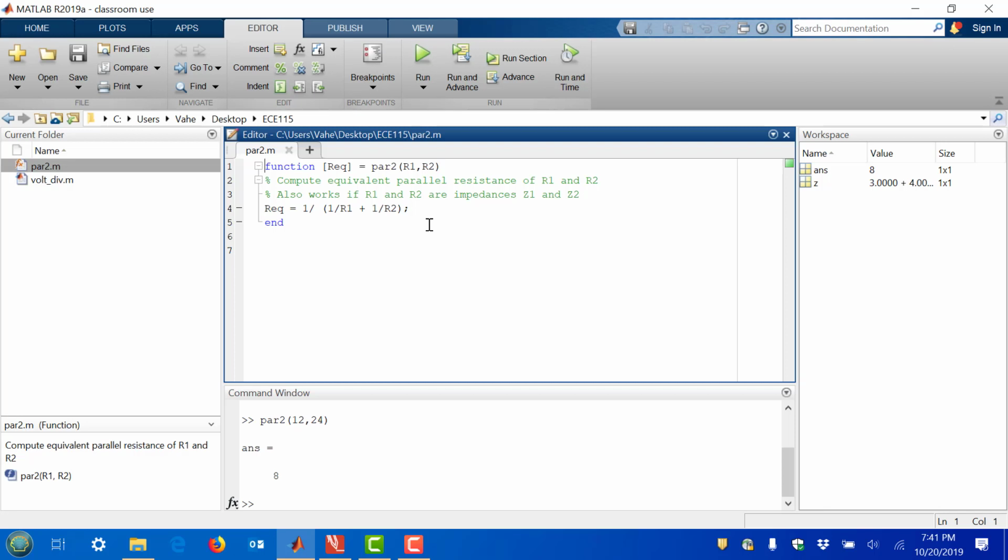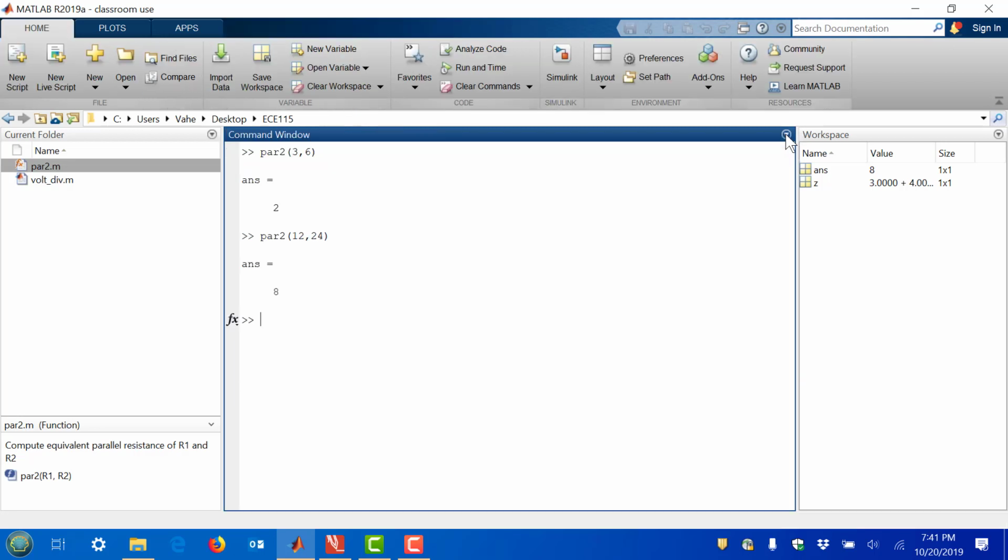Now, there's a couple things. First of all, even though I did this for just R1 and R2, this also works for impedances, Z1 and Z2. If you notice this comment, I tell you exactly what's going on. Let's say I had an impedance of j2 from an inductor, and 4 ohms.